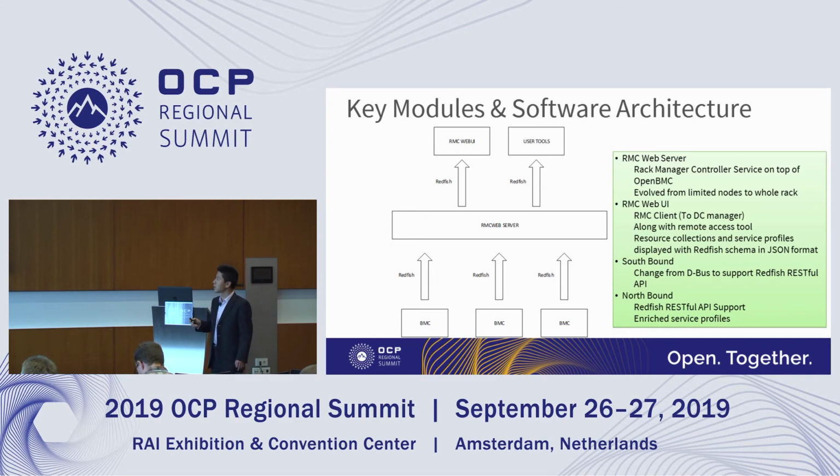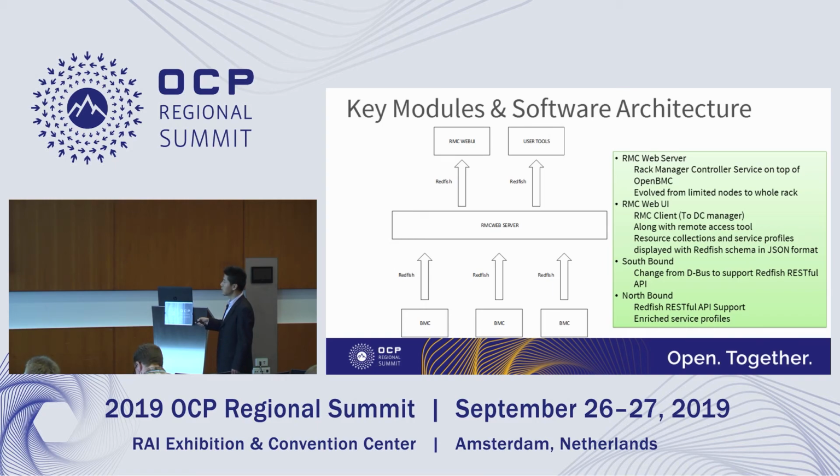And this talks about the software architecture. Based on the physical connection, we have the web server for the RMC, and this is the southbound. The BMC communicates through the Redfish spec to collect the information from each server node and feed it into the RMC web server.